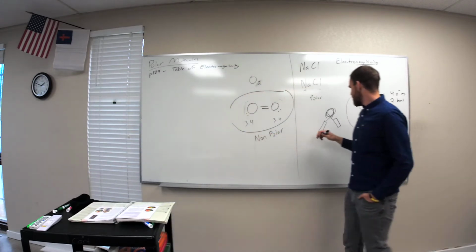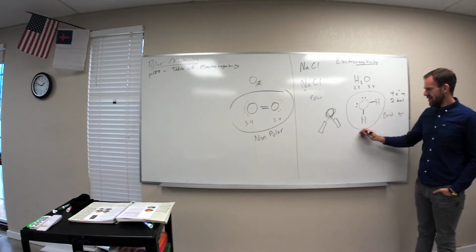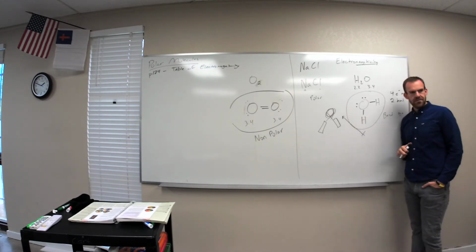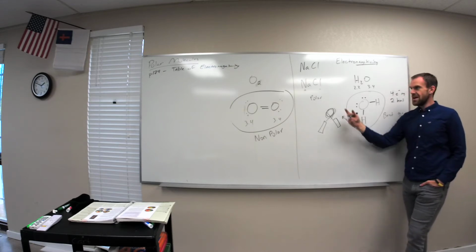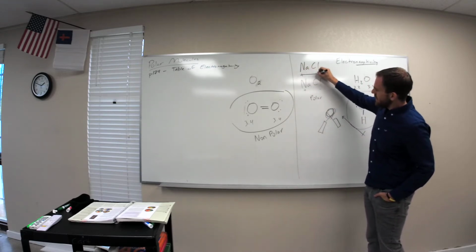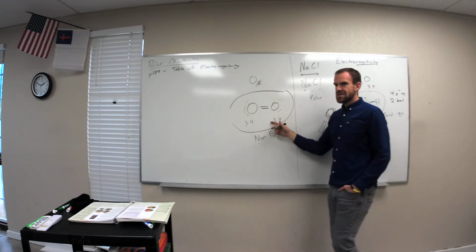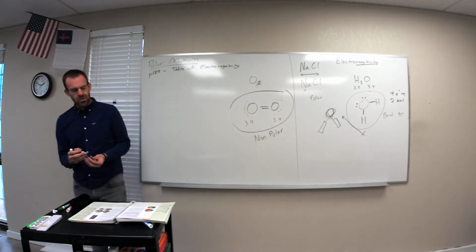You'll draw a plus sign at the positive side and then draw the arrow to the negative. So for this polar molecule, positive is over here and it goes negative that way. This guy, positive is here and negative is that way. For this guy, I would draw no arrow because O2 is non-polar.